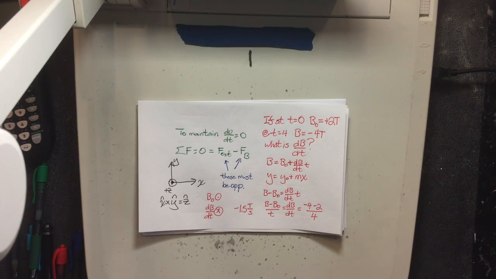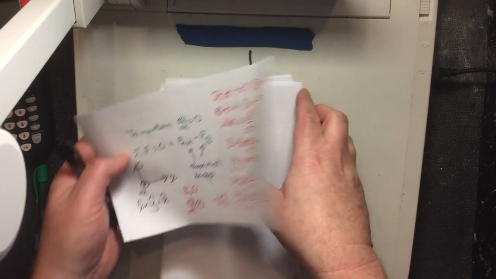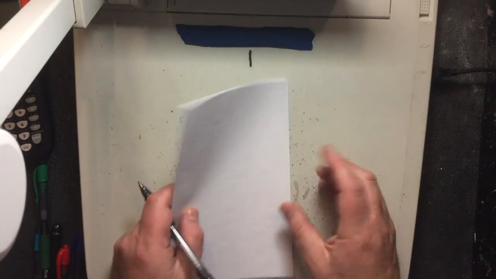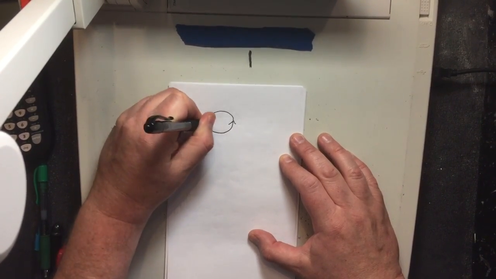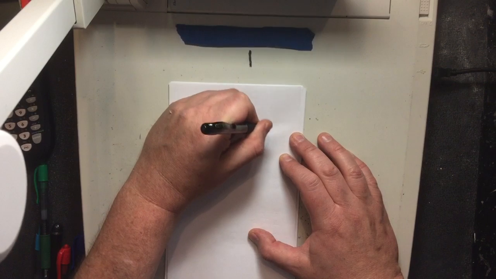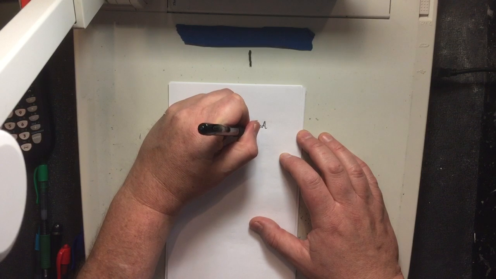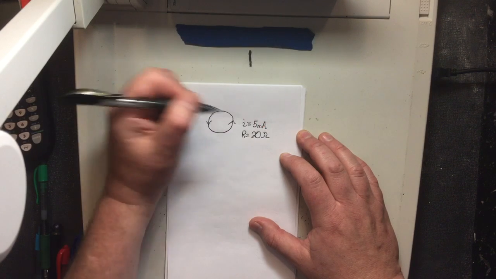The one test problem that I had was, and we could do an example right now. You have a current, I is 5 milliamps. The resistance of the loop is 20 ohms.